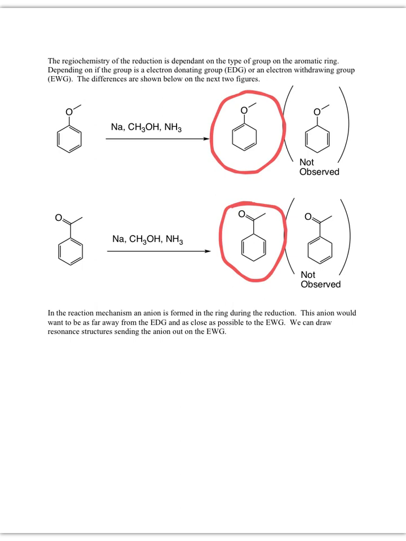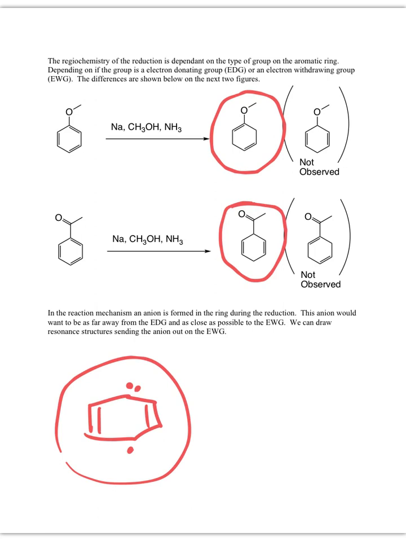So in this, remember, on the previous page, we drew this intermediate. So where on this intermediate would it be safest, would it be most stable to put that oxygen of the anisole? We're not going to put it on the carbon. We're not going to put it here.